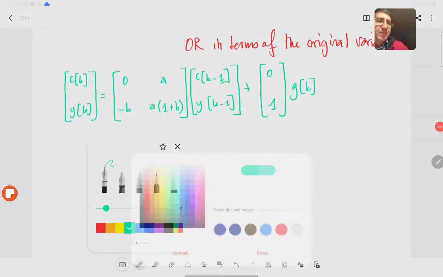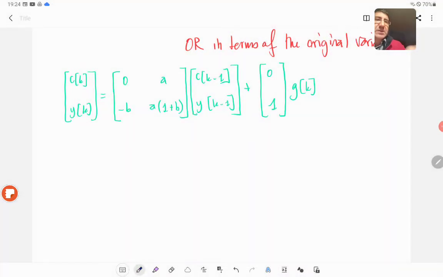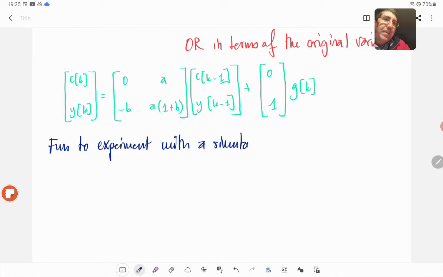So let me give you an example. It is really fun to experiment with a simulation of this model in MATLAB. I will give you one example.